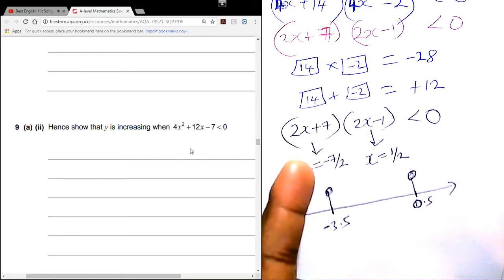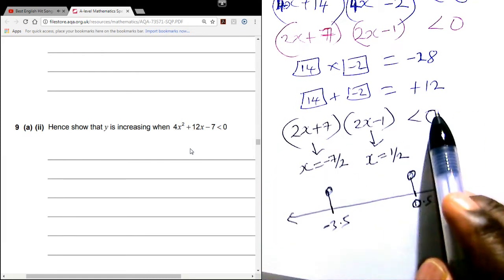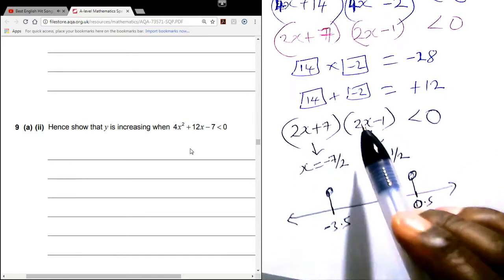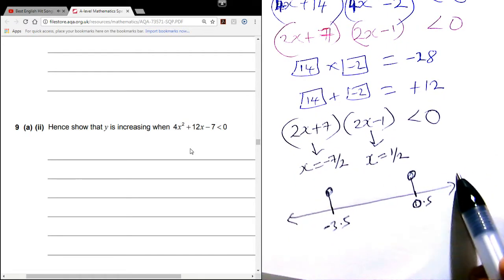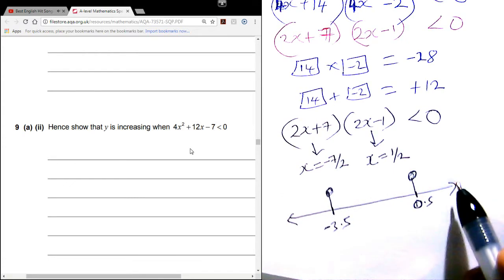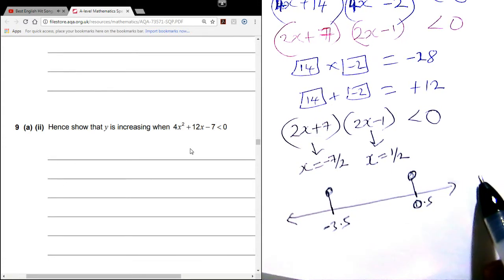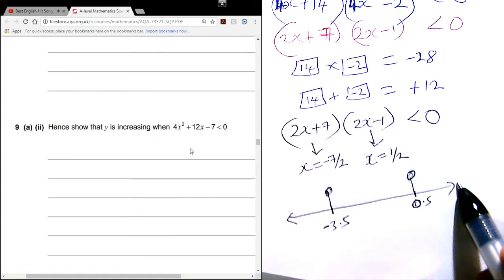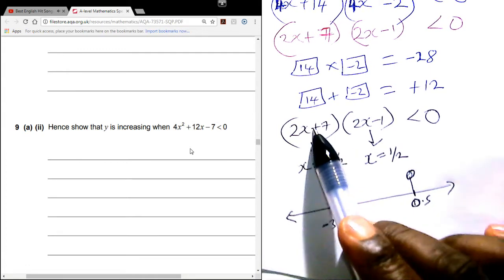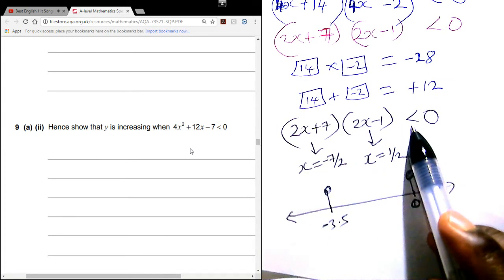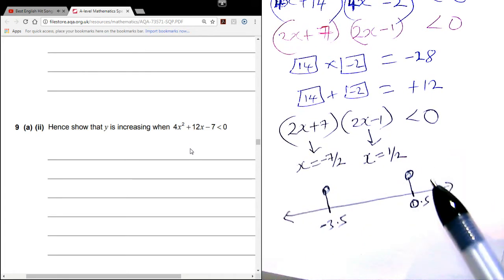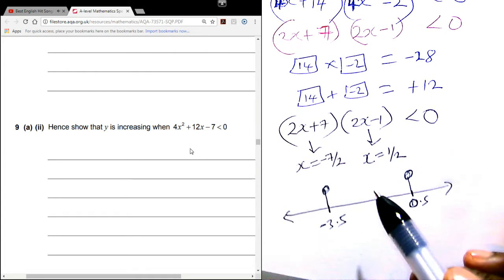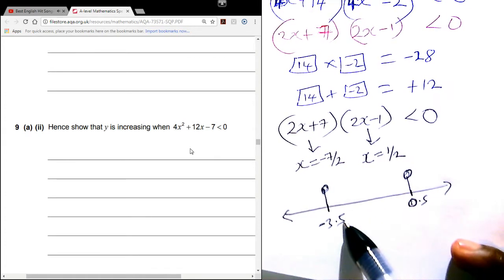I could test that number and see whether it would give me negative when x is minus 100. I could test a number in this region, a number like 100. Anything greater than 0.5 is in this region, so 100. When x is 100, would that agree with the inequality sign here? Would the answer be negative? I could test a number in the middle here. What number do you think is between minus 3.5 and 0.5?